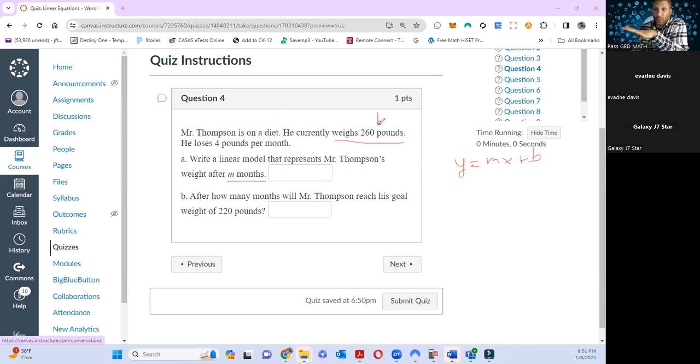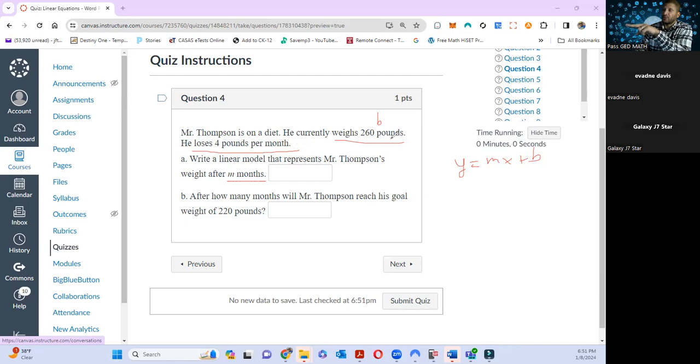Okay. What else is a given? He loses 4 pounds per month. He loses 4 pounds a month. What is that? If we know that's our b, what is this? That's the change.